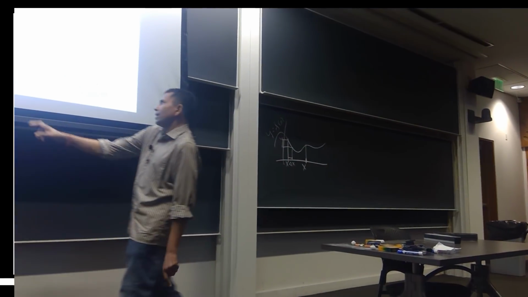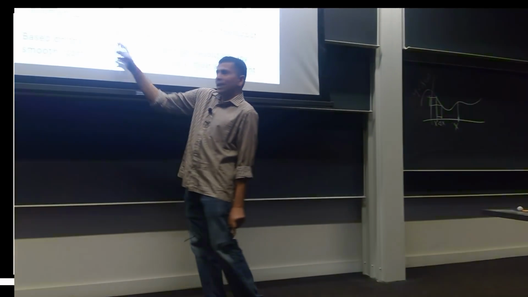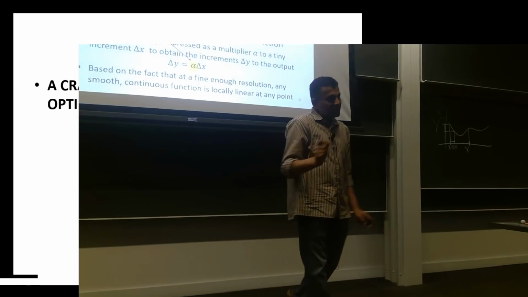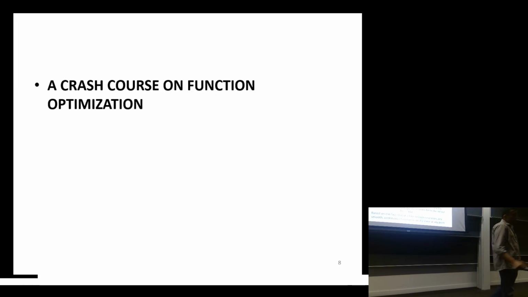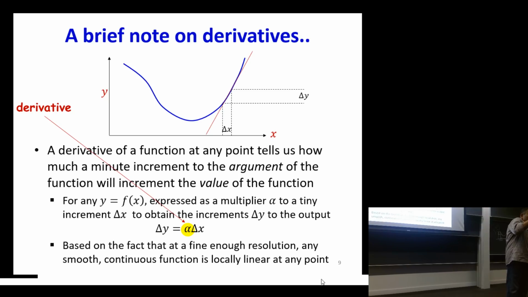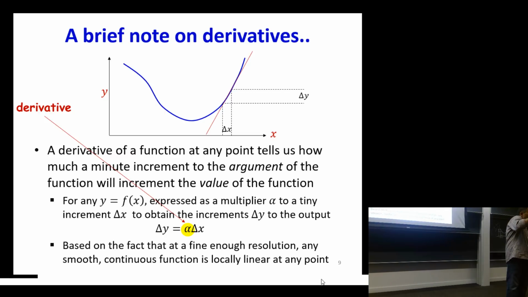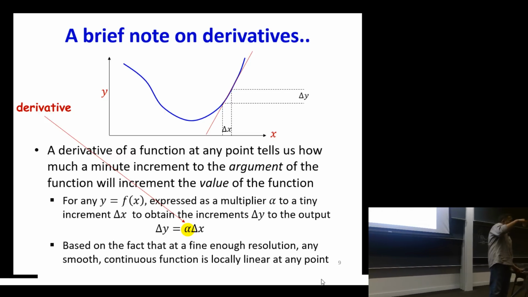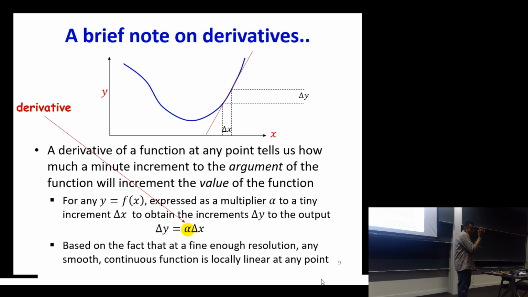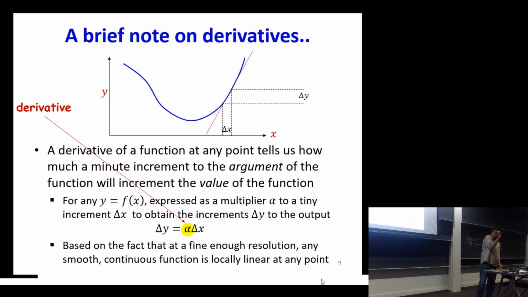So here, delta x is the change in input, delta y is the change in output, and if you look close enough at a function, eventually for a continuous, smooth function, the function ends up looking planar or linear if you're looking within a very small perturbation of the current location.